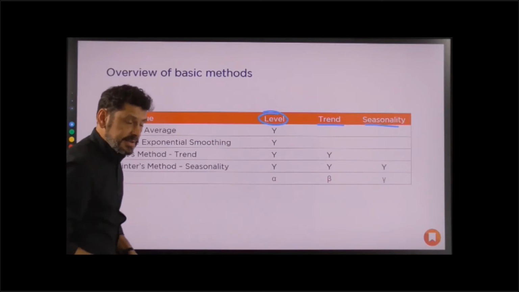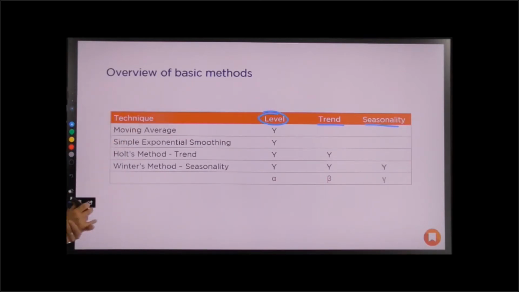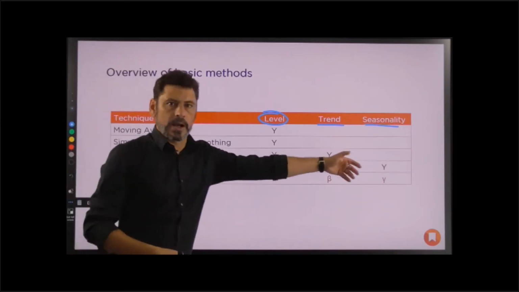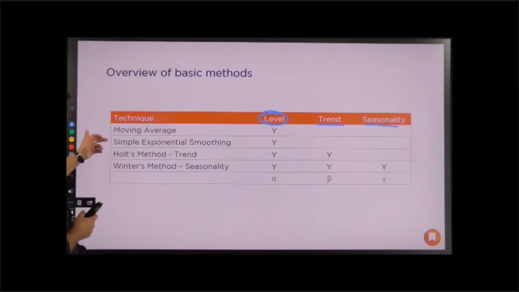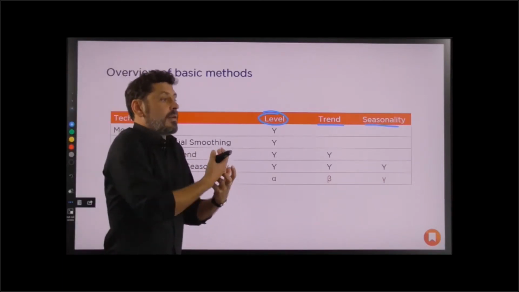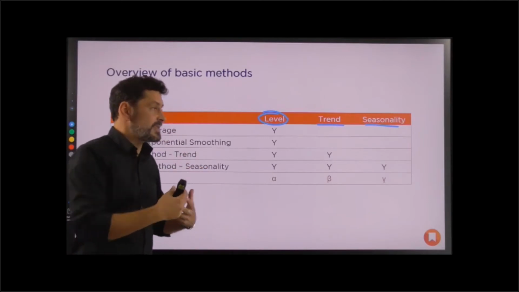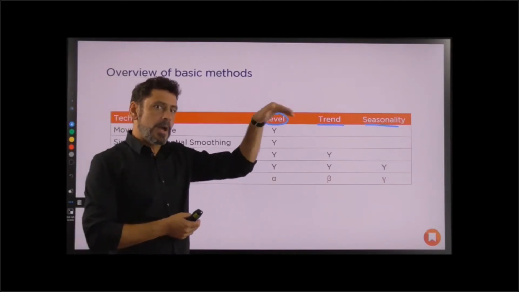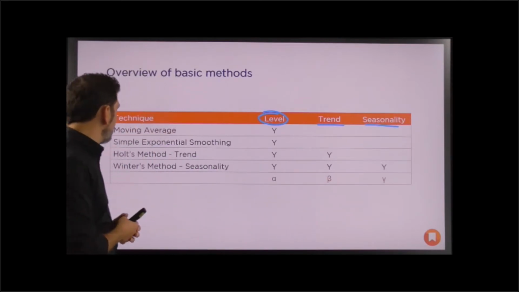Well, there are statistical methods that can take that into account as well, again with a kind of smoothing factor, a beta or a gamma. The first one would be the Holt method, the trend method, which can not only put some weight on recent observations, but can also create a forecast that will go up or go down.